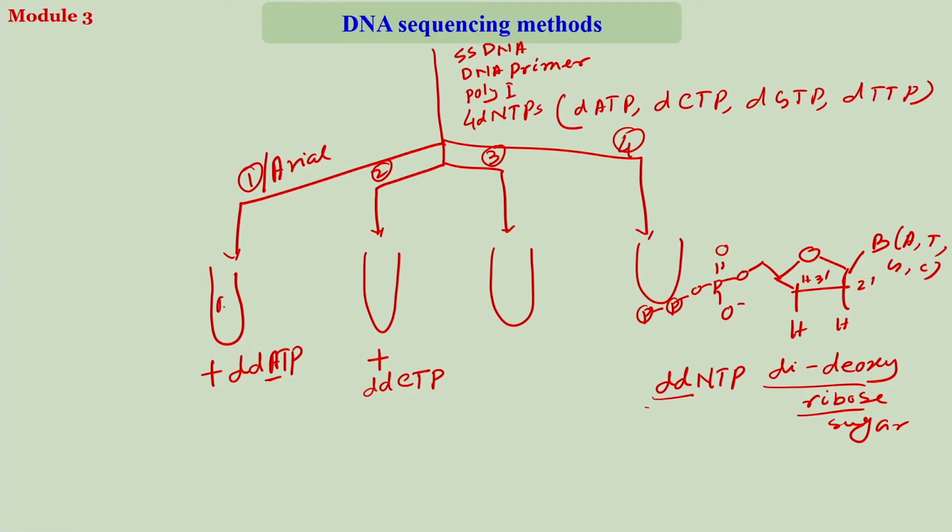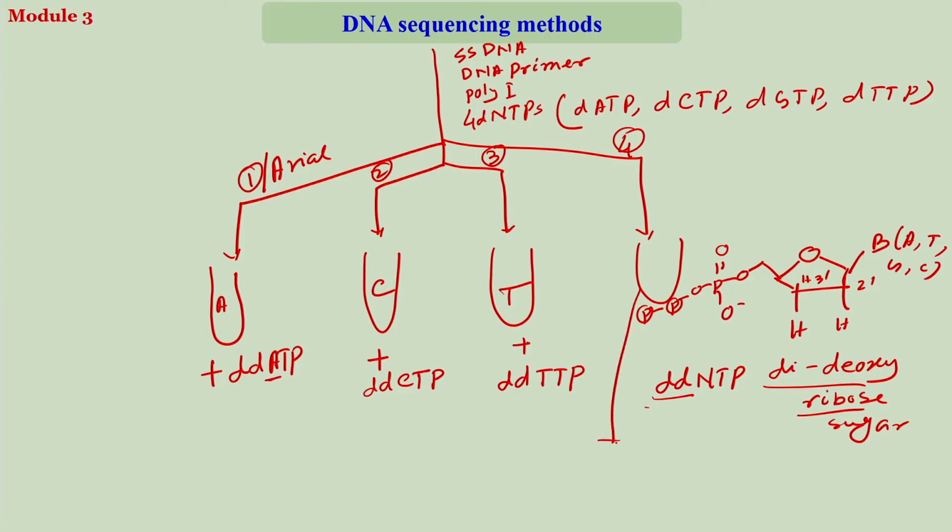Similarly, vial 2 along with everything that it had, another ddNTP, let us say ddCTP, was added. So this is the A vial, and I call this now a C vial. In this case maybe ddTTP was added, so this is a T vial, because it will be easier to figure out.